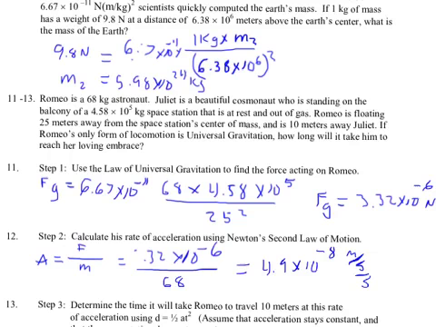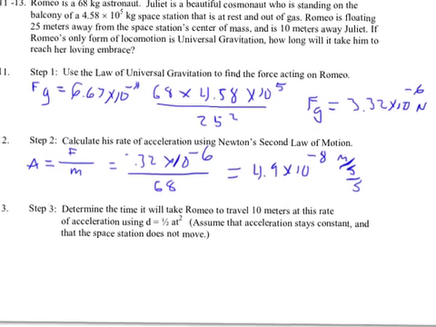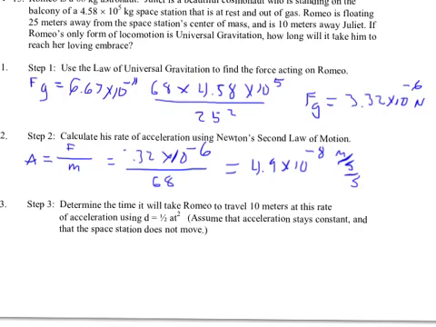So now what I want to do is figure out how long it will take Romeo to travel 10 meters to get to Juliet. So let me see, d equals 1/2 at squared. So d equals 1/2 at squared. The distance is 10 meters.